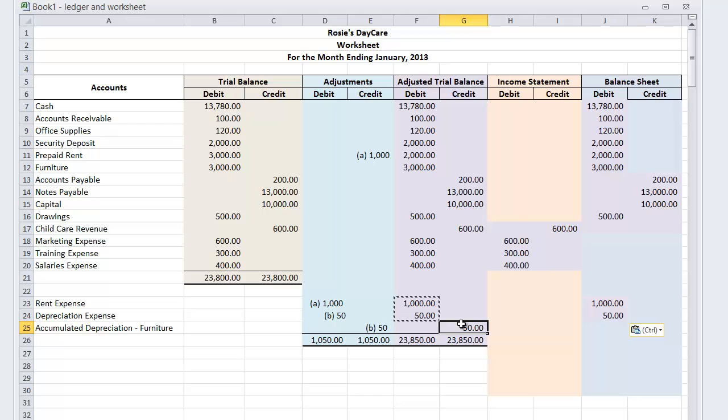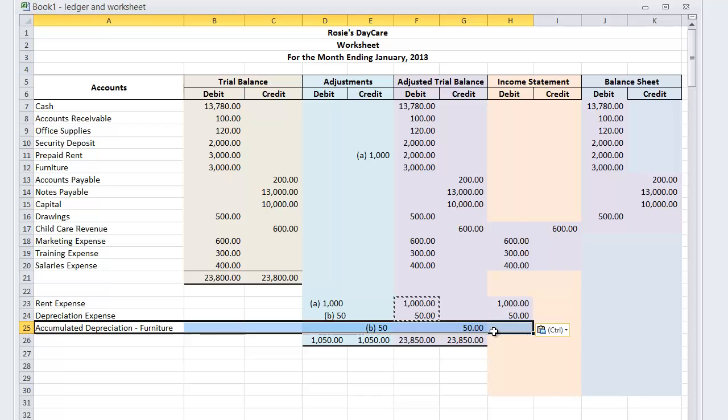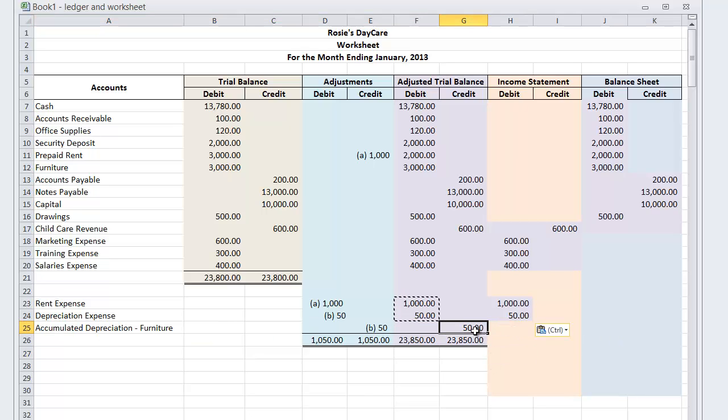Accumulated depreciation, furniture. This is actually part of the balance sheet, because this is a contra asset account that affects the balance sheet. So we're going to go here, and we're going to go here.